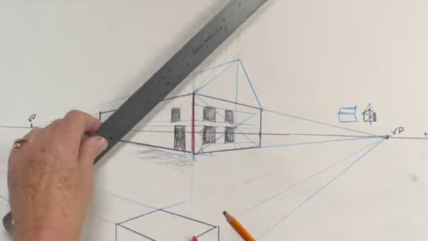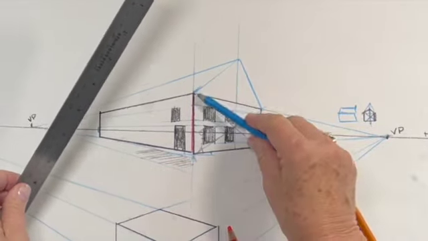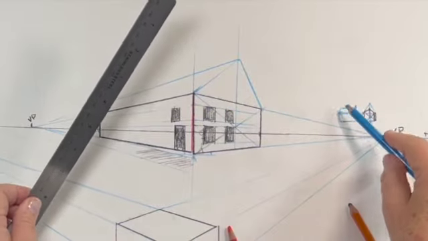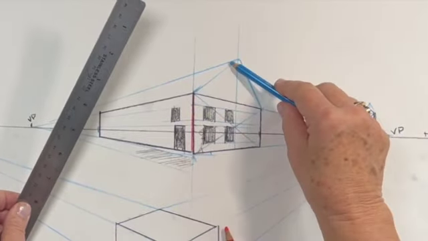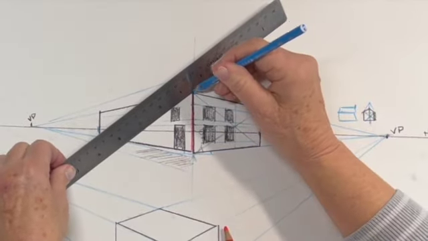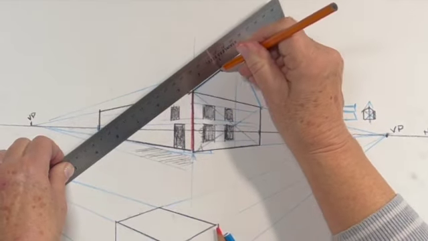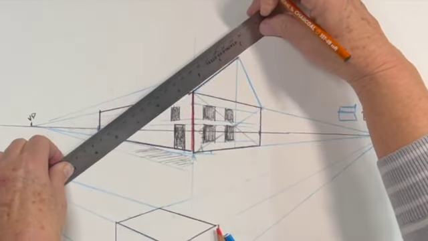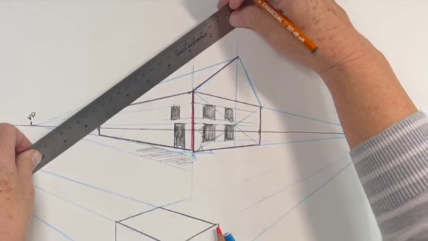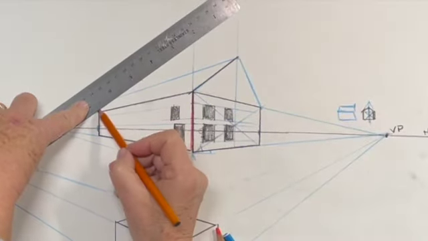In space, this back side of the peak on the other side of the house, over here, is going to be the same angle as this. So we need to bring this angle, I'll make it darker, and we keep that angle as we slide it back until it intersects with the far corner of the house here.